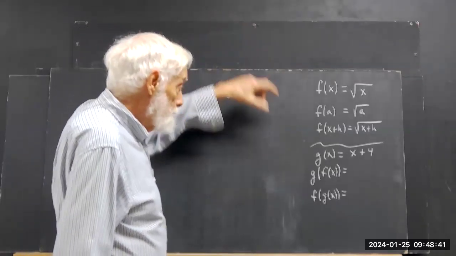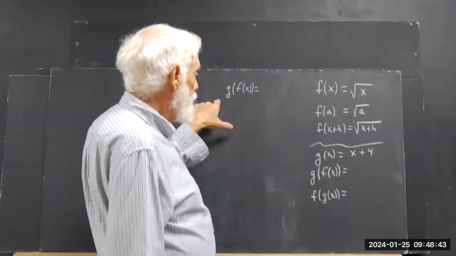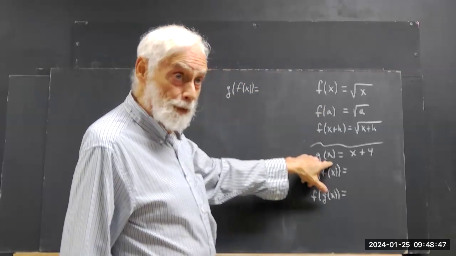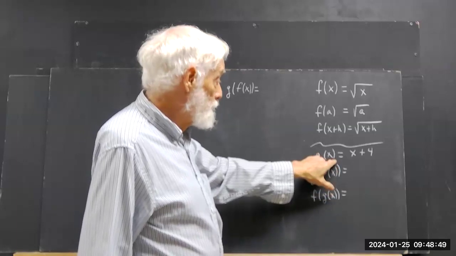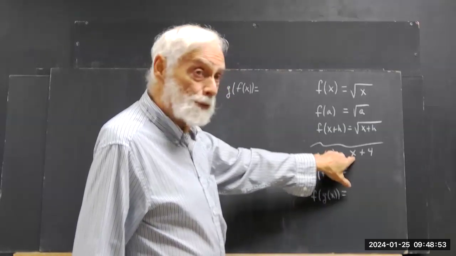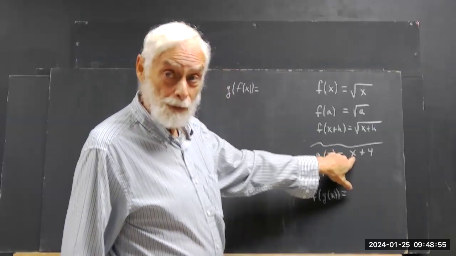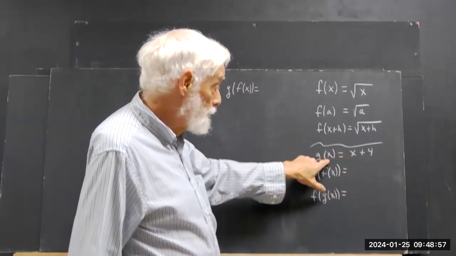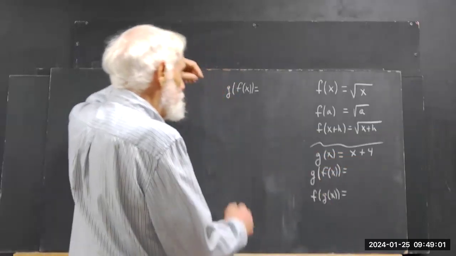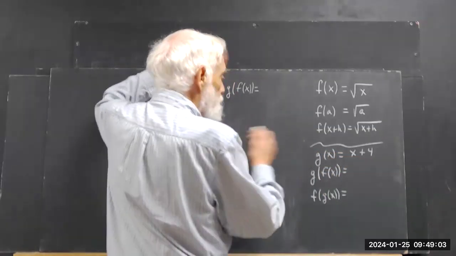So again, I've got the definition of G of whatever's in parentheses here. Whatever's in parentheses here is going to be your X, so whatever's in parentheses goes here, and everywhere else you see X. So what's in parentheses? F of X.